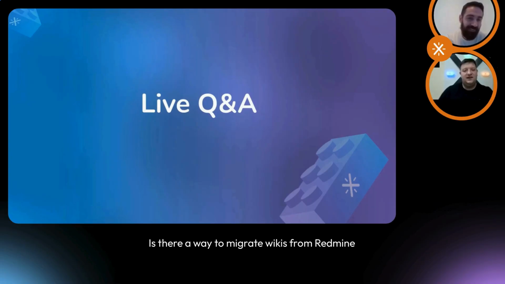And is there a way to migrate wikis from Redmine to XWiki without losing relations and images? Considering that you have a separate feature in Redmine that is a wiki as far as I know.